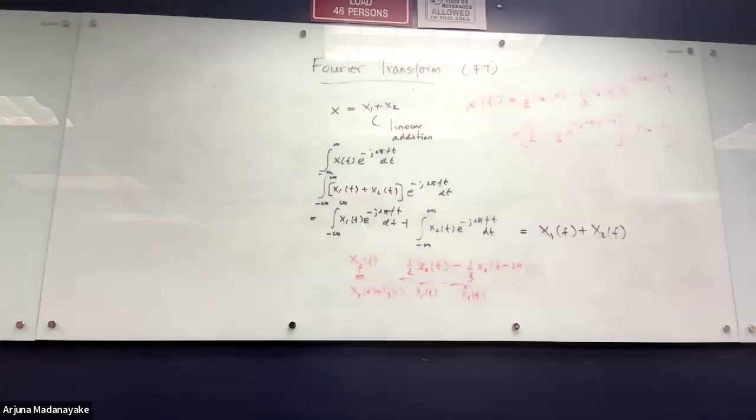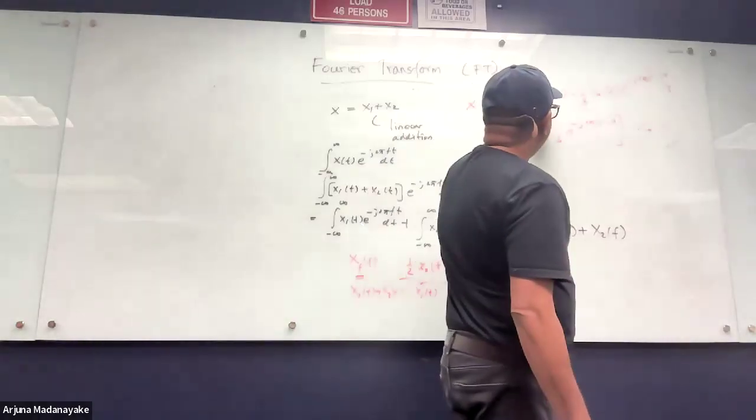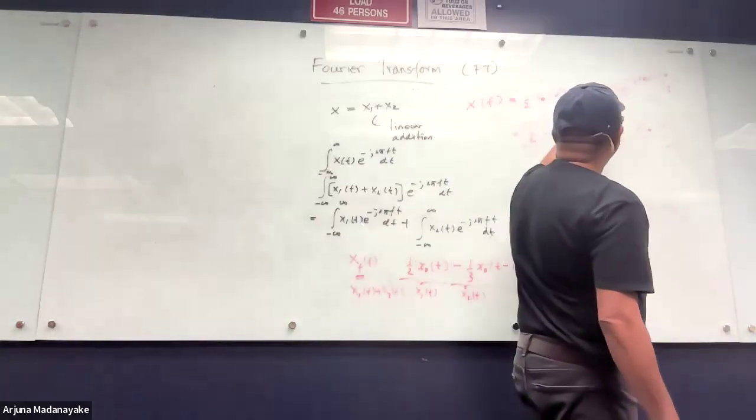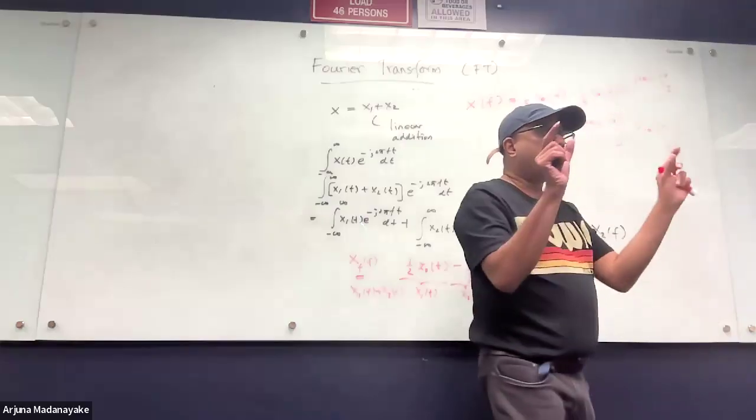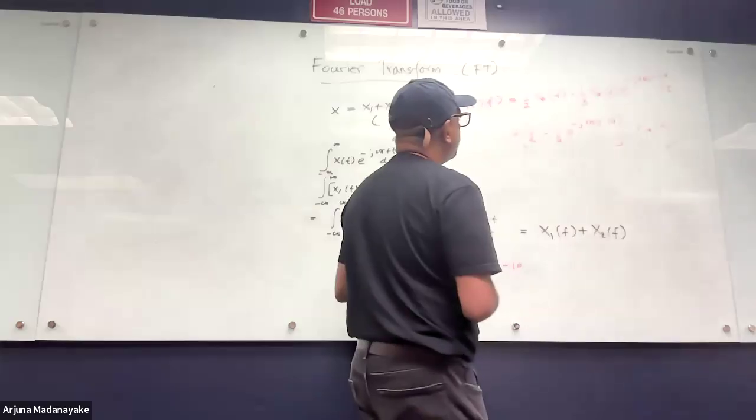I have a question. For the first function, don't you have to put a parentheses between 1 over 2 X naught of f minus 1 over 3 X naught of f? No, because it's multiplicative, right? So you have multiplication and subtraction. So in algebra, you first have to do the multiplication part.